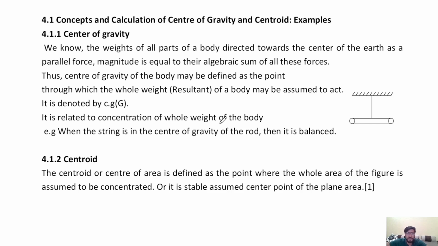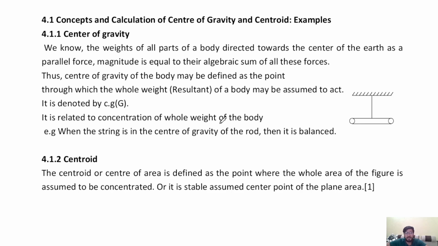Center of gravity of a body is the point through which its entire weight can be assumed to act. It's crucial in understanding the equilibrium and stability of objects. For instance, when a string hangs at the CG of a rod, it achieves balance.